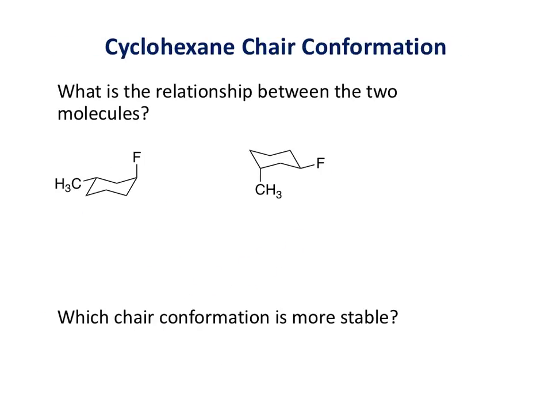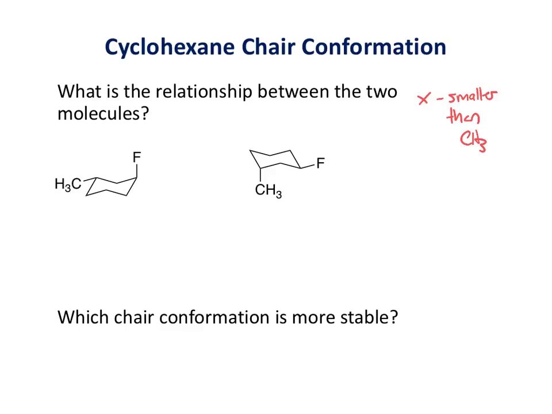All right, so let's take a look at the chair conformation. Again, I'll just point out halogens aren't as big as methyl groups.